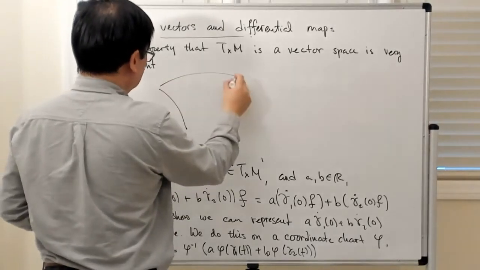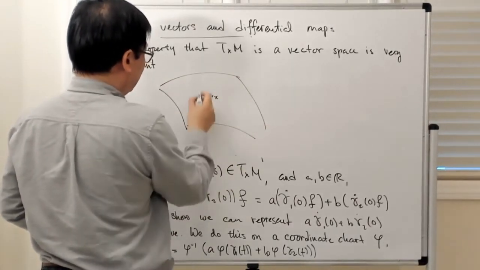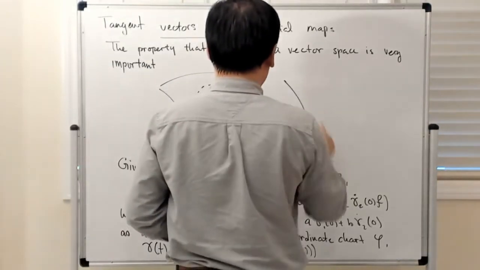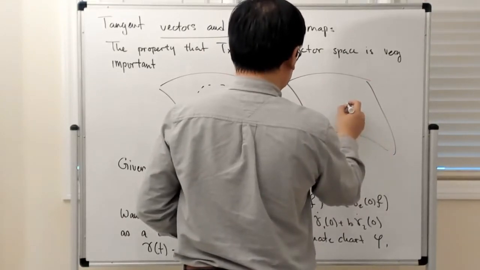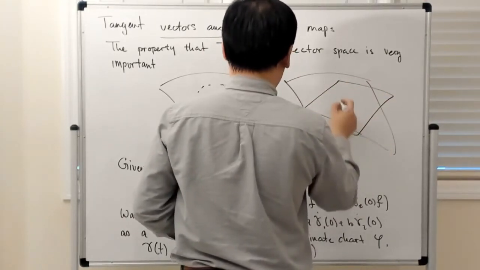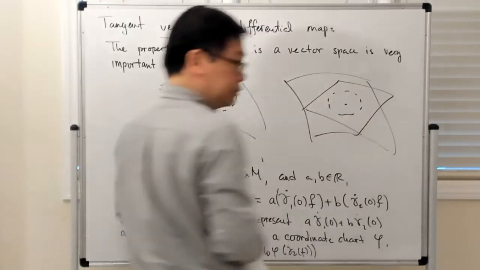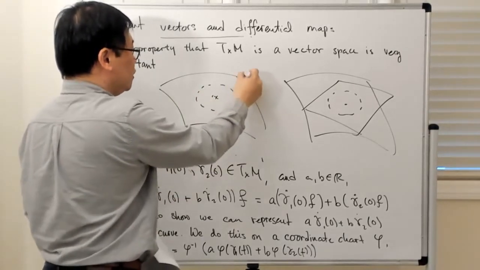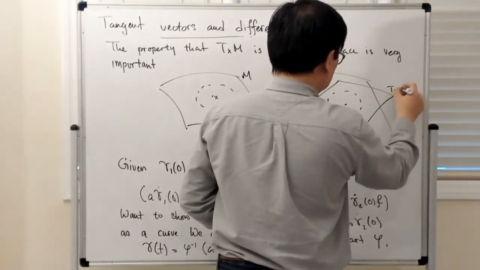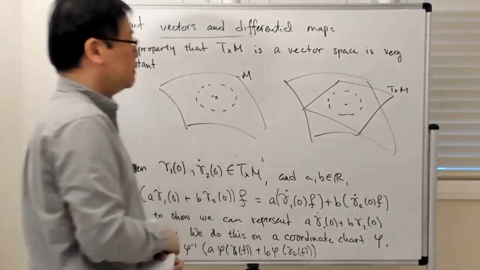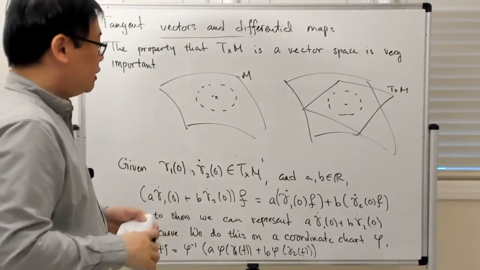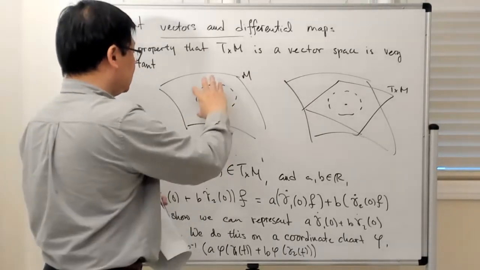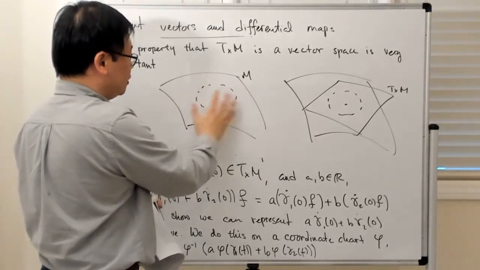intuitively, if you have a point X on the manifold, and you have some neighborhood around that, then we're going to construct an identification between that and some neighborhood of the origin on the tangent space to M. Okay, and of course the advantage of being able to make that identification is that, on the one hand, this neighborhood on the manifold is a nonlinear space.